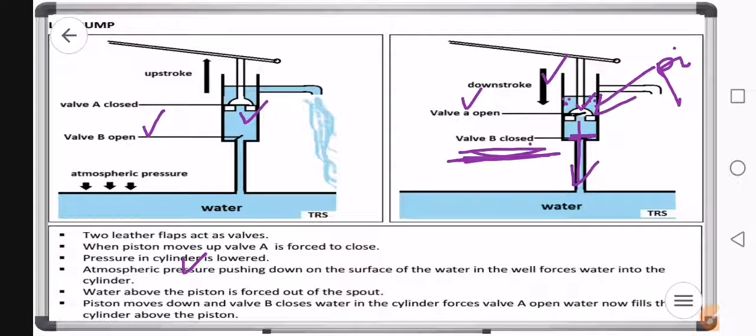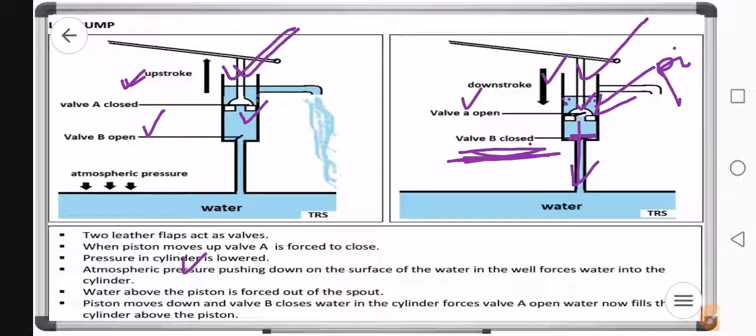Suppose a question comes and asks you to describe the operation, how the lift pump works. How are you going to explain? You are going to explain what happens during the upstroke and what happens during the downstroke. During upstroke, the upper valve closes to avoid backflow of water into the cylinder below the piston.